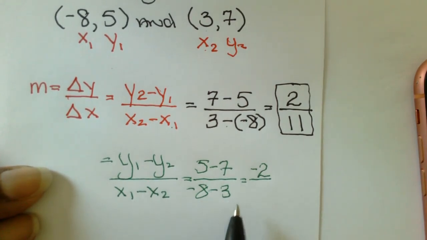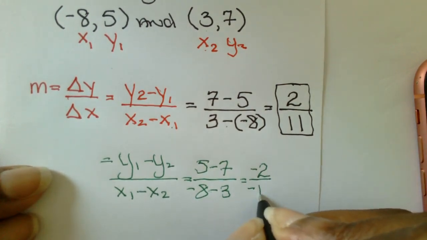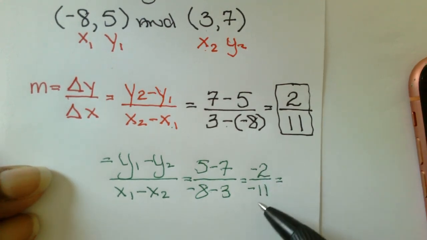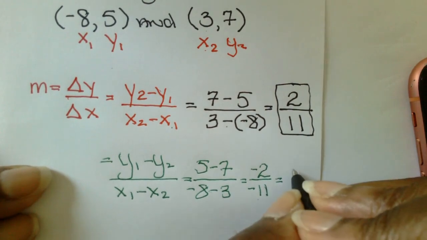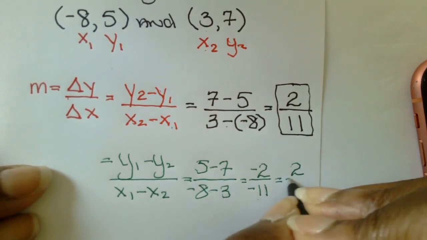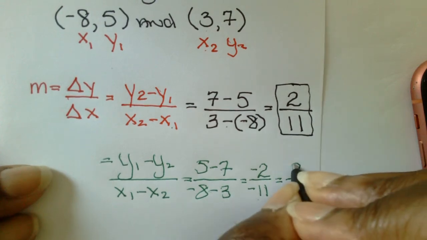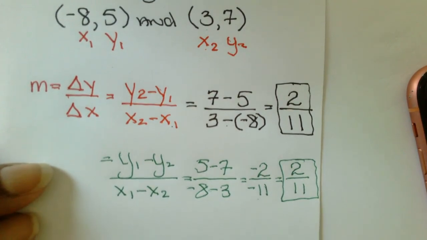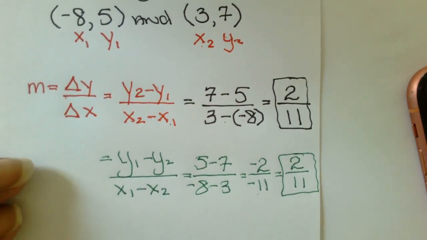Notice how I said that? Because this minus sign is acting as a negative for the 3. So negative 8 plus negative 3, that gives me a negative 11. And a negative divided by a negative, that will give me a positive. So guess what? You'll get the same answer.